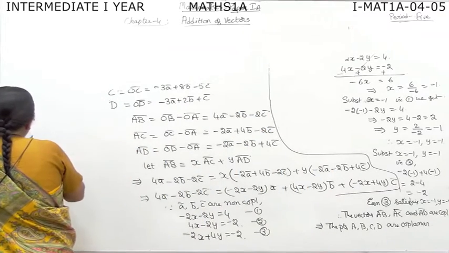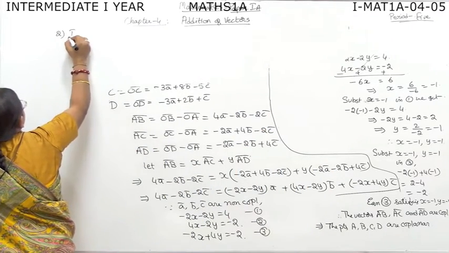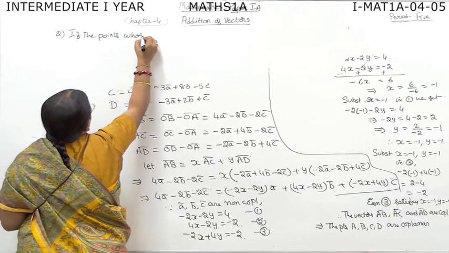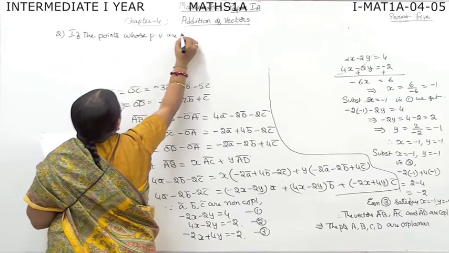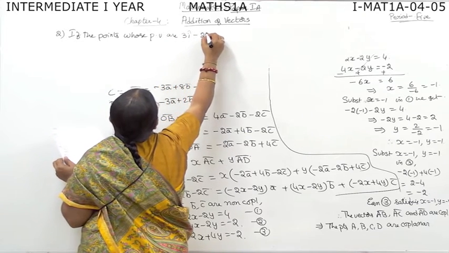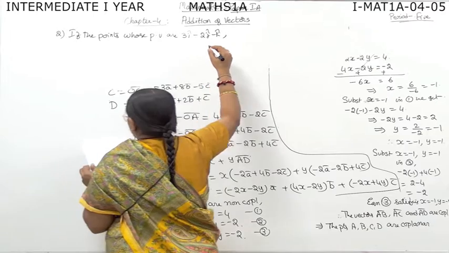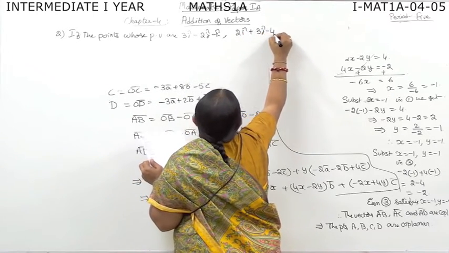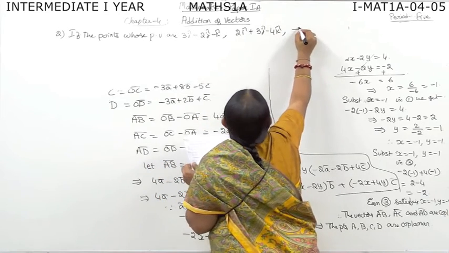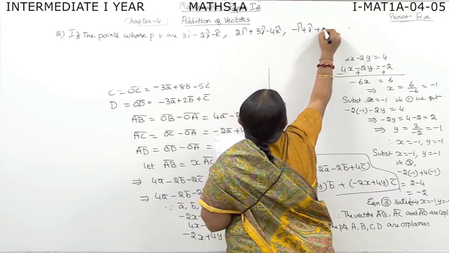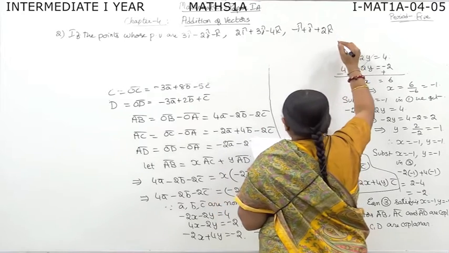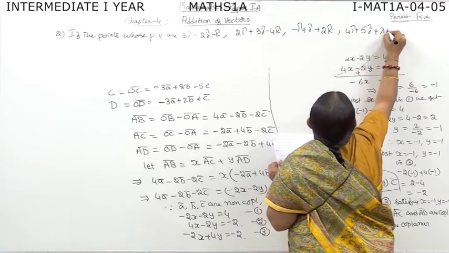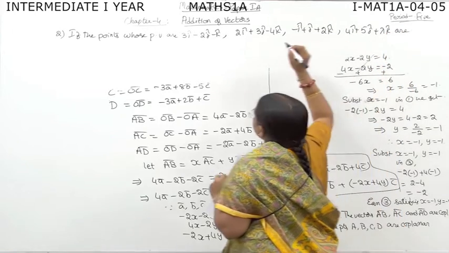Write down if the points whose position vectors are 3i minus 2j minus k, 2i plus 3j minus 4k, minus i plus j plus 2k, and 4i plus 5j plus lambda k are coplanar.